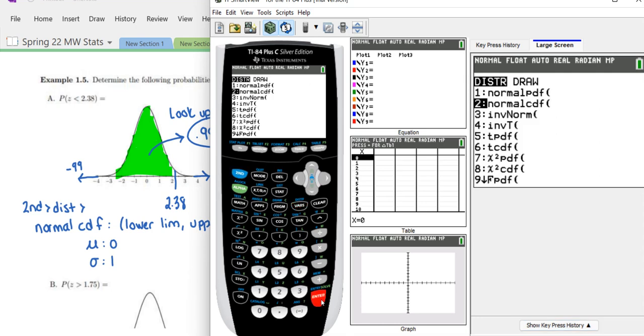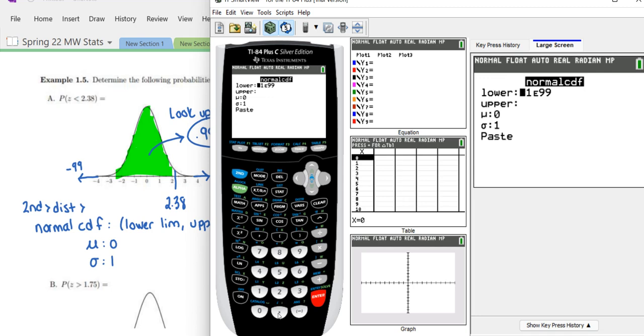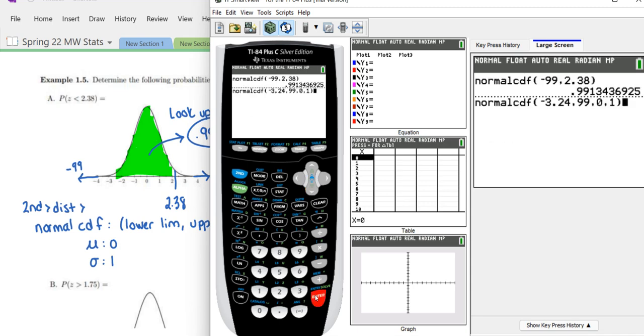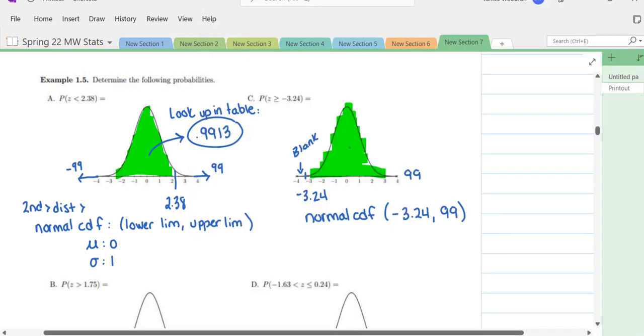So normal CDF, lower limit would be negative 3.24. Upper limit 99. See, now it's showing it. That's so weird. Mean of 0, standard deviation of 1. Paste. 0.9994. So typically these are going to be 4 decimal places because that's the way it gives it to you on the Z table. So 0.9994, that's this right here.